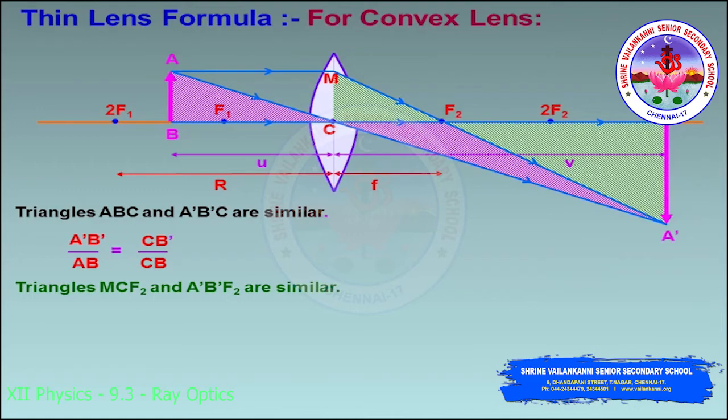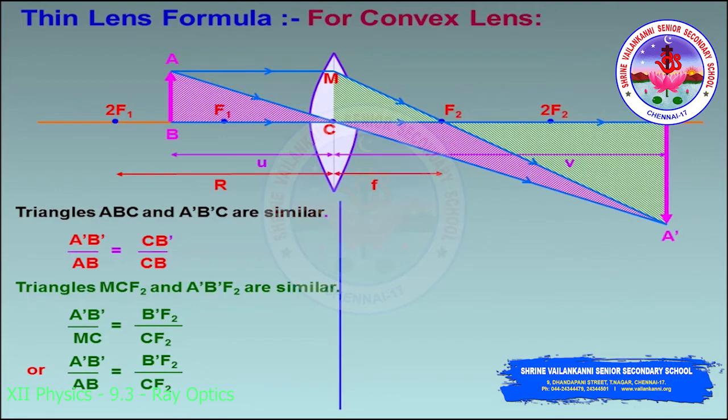Those two triangles are similar, so A dash B dash by MC is equal to B dash F2 by CF2. So we can write A dash B dash by AB equal to B dash F2 by CF2. We are going to compare these two equations.